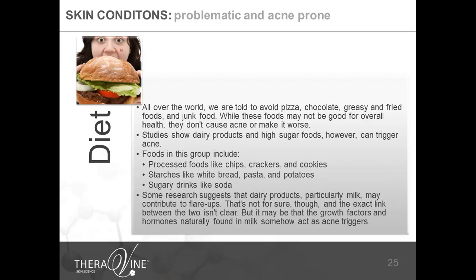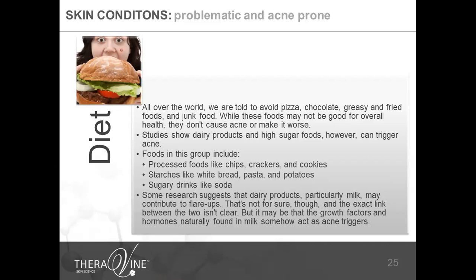I've read quite a lot of articles on especially dairy that can be related to acne flare-ups. I know a lady who's literally cut out dairy and wheat, the things she finds she might be intolerant to. And since she's been changing her diet, her skin has cleared up tremendously.